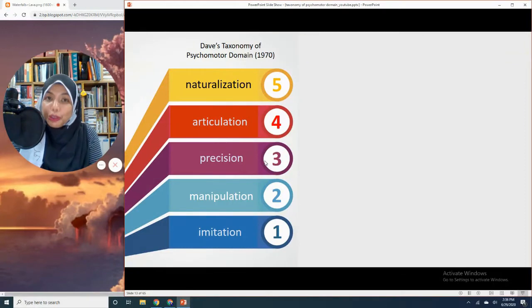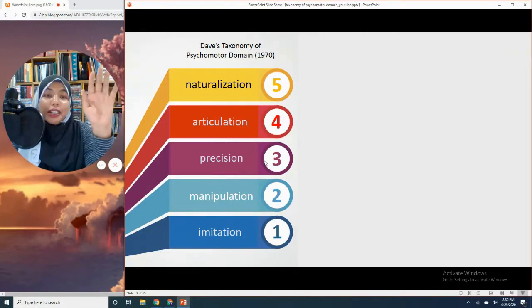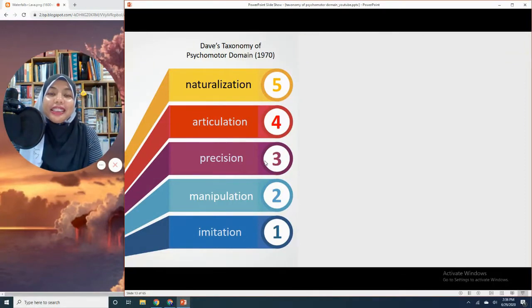Now I'm going to show you how we go up and go down along the stages in psychomotor taxonomy using the taxonomy of psychomotor domain, which he introduced in 1970. Now this taxonomy consists of 5 stages, from the lowest, which is imitation, to the highest, which is naturalization.